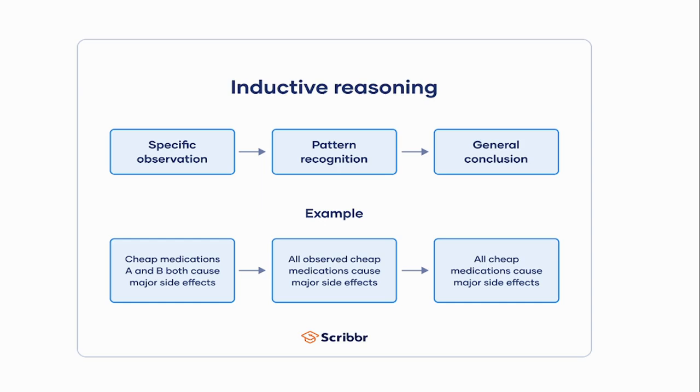Let's see an example. Let's take medicines. Here we are considering A and D medicines. Both are very cheap medicines, and they cause major side effects. From this observation we can recognize the pattern: all cheap medicines cause major side effects.